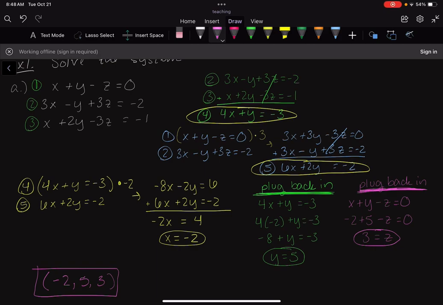So I do want to do another one of these, but I just realized that my notes don't have another one like this in there. So I'm going to go ahead and grab one real quick.